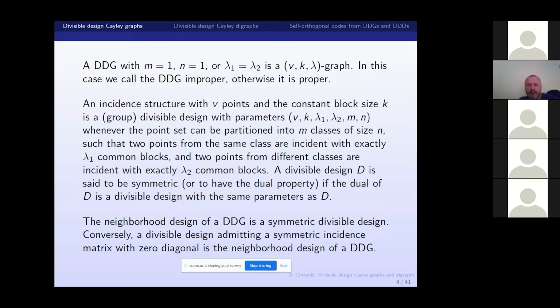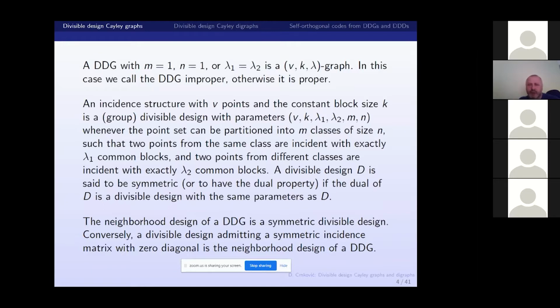The name divisible design graph comes from the fact that it is actually a divisible design, which is at the same time a graph. So this is the definition of a divisible design.